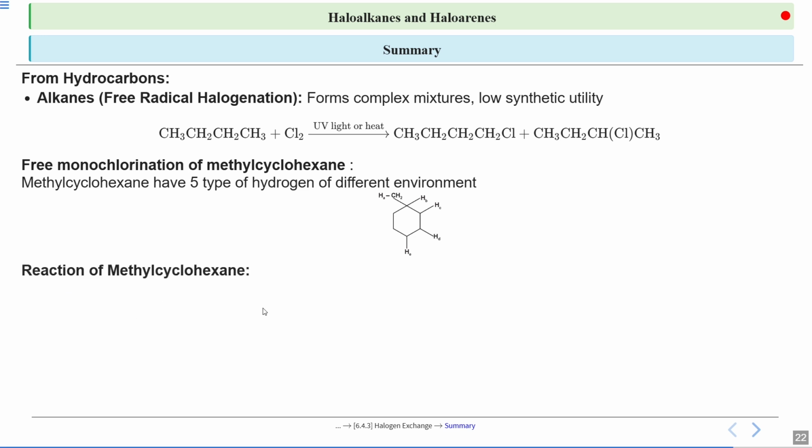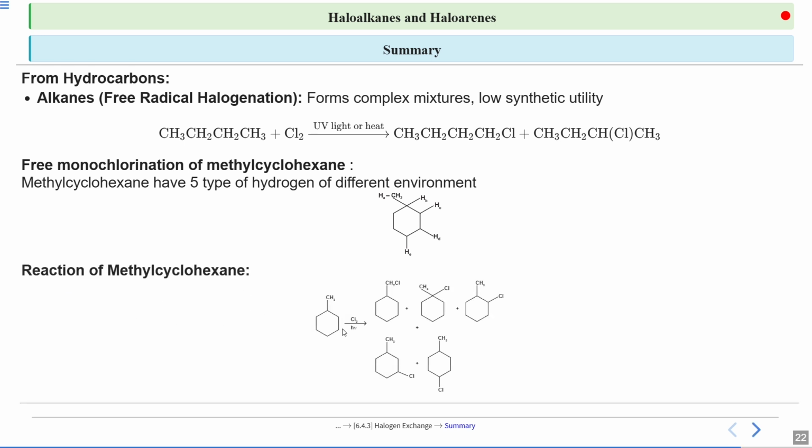Now, if you react this methylcyclohexane with the chlorine molecule in the presence of light, you are going to get 5 different isomeric products. The first one is cyclohexane having CH2Cl. Then cyclohexane having CH3 and Cl on the same carbon. Then cyclohexane having CH3 and chlorine at the HC type carbon.